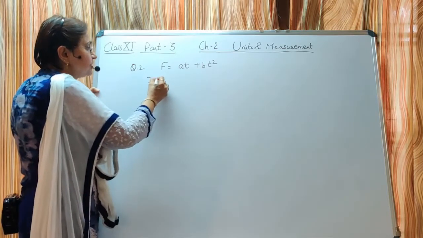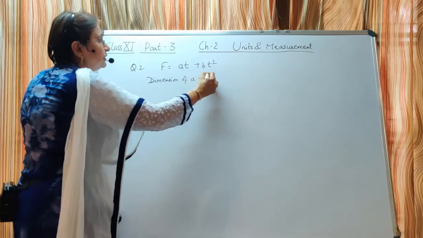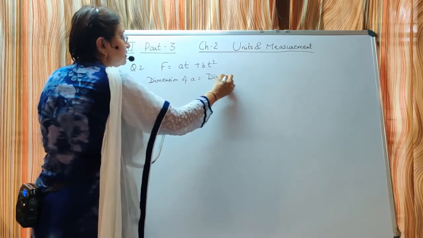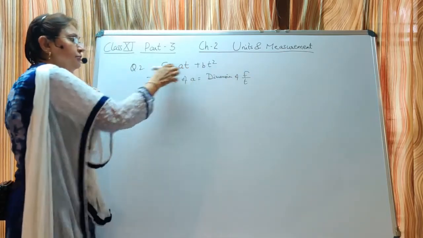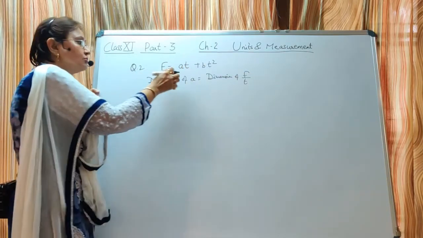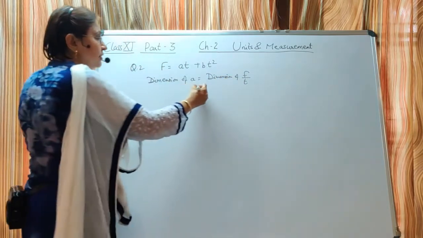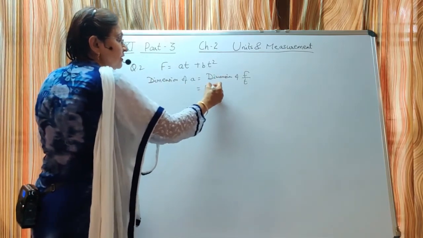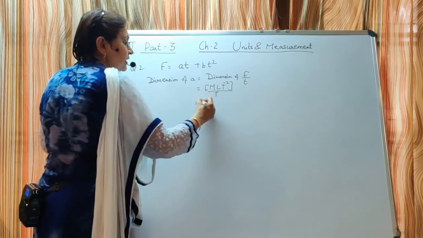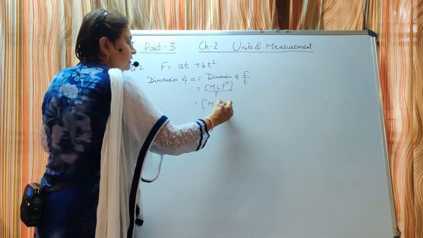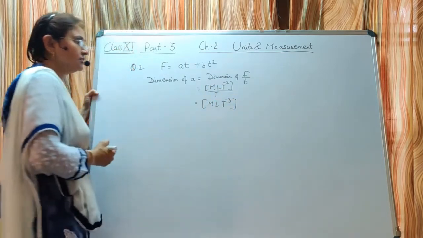So the dimension of A will be equal to dimension of force upon time. Now you know the dimension of force, which is MLT^-2, upon T. So it becomes MLT^(-2-1), that is MLT^-3.